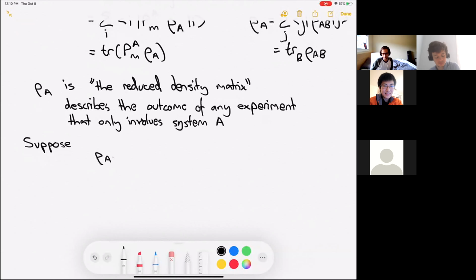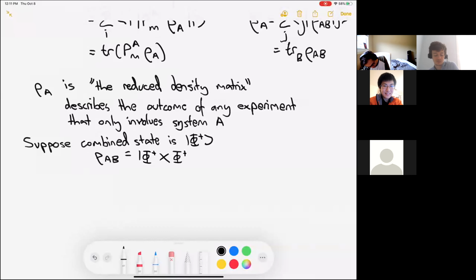Let's suppose we have some state on A and B that is going to be the Bell state phi plus. In other words, the density matrix is just a projector onto phi plus. This is just some pure state, but we're describing it using the density matrix formalism.